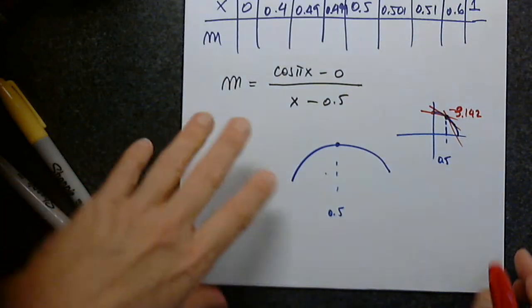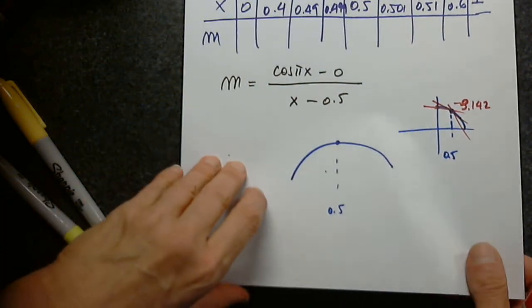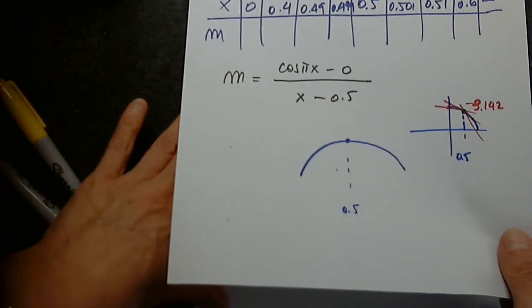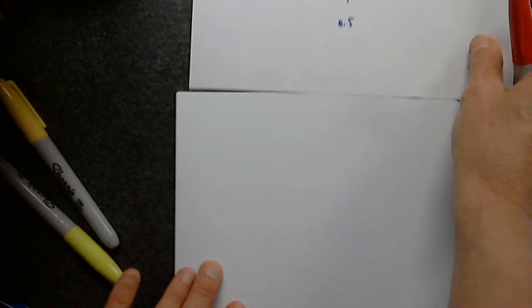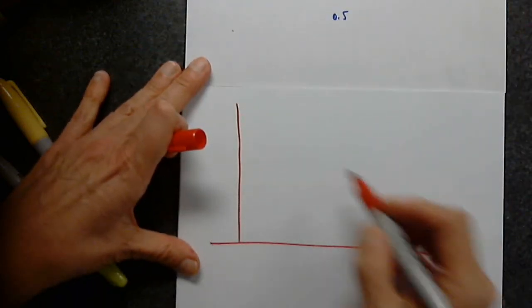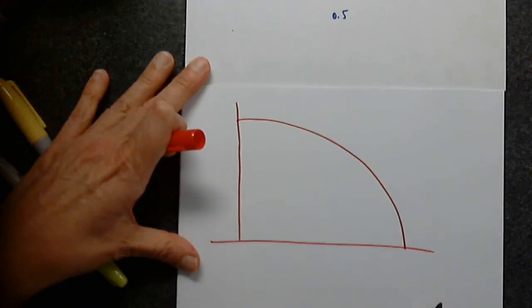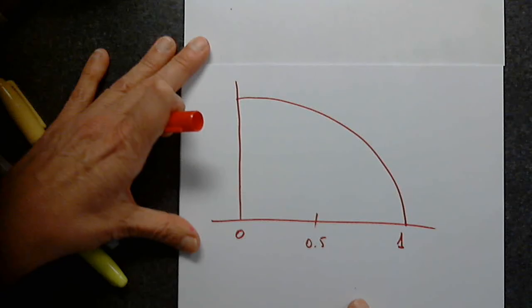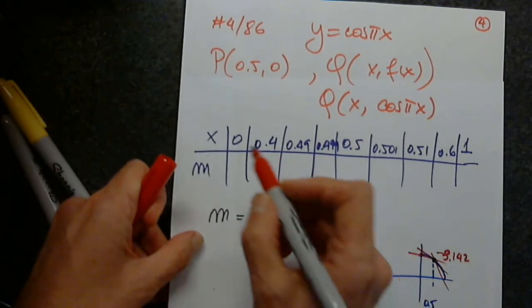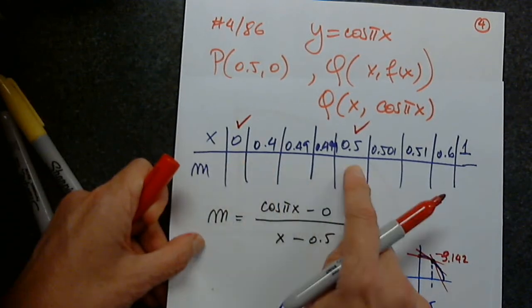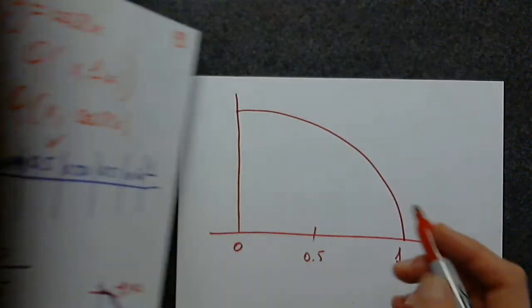Should I make a bigger graph to explain, because this is too small? Is this better? Okay. So let's take a look. This is the graph of cosine. So this is 0, and this is 1, and this is 0.5. Now I'm graphing the line between these 2 points.